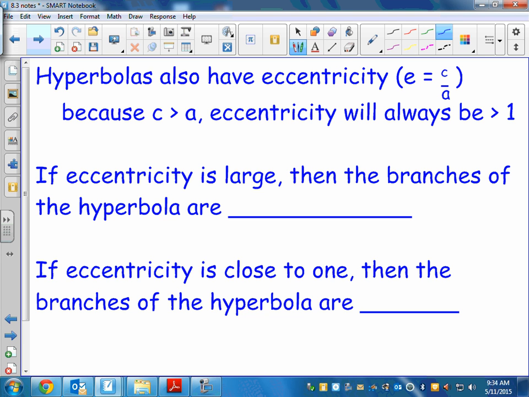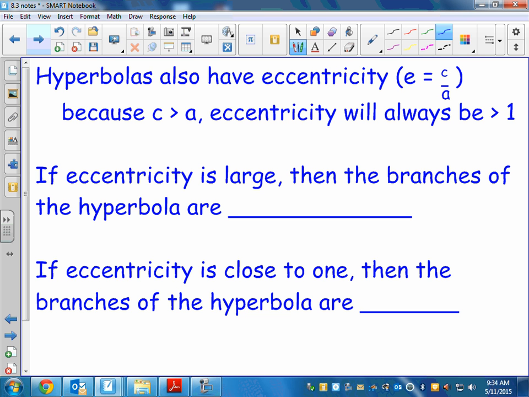It's still the same formula. It's still C over A. In an ellipse, remember that it's always between 0 and 1 because A is always bigger than C. But in a hyperbola, C is always the biggest value, so it's always going to be bigger than 1.